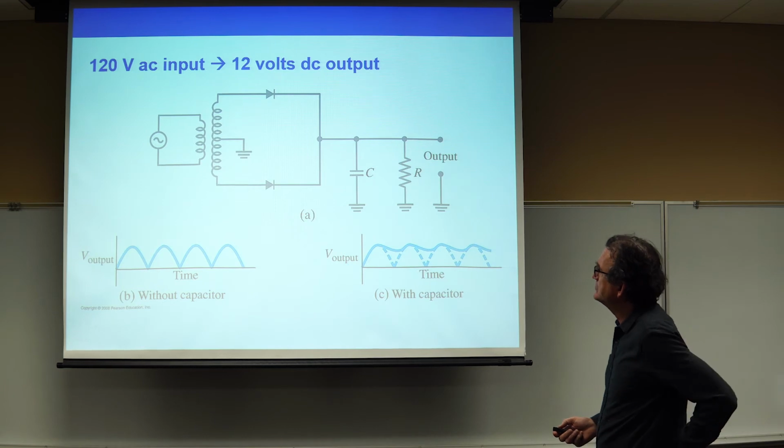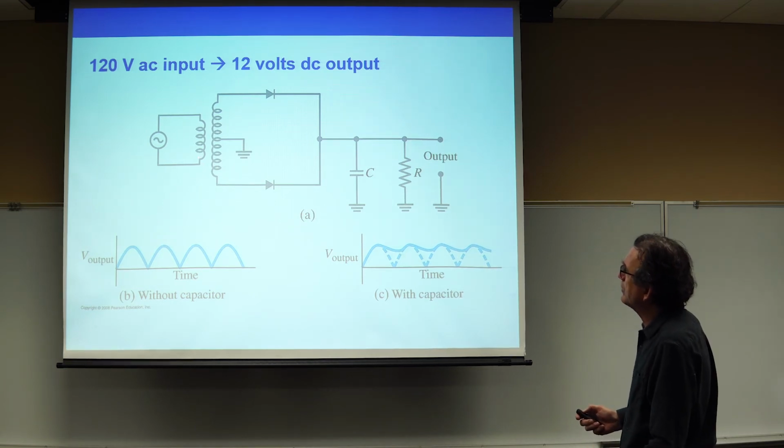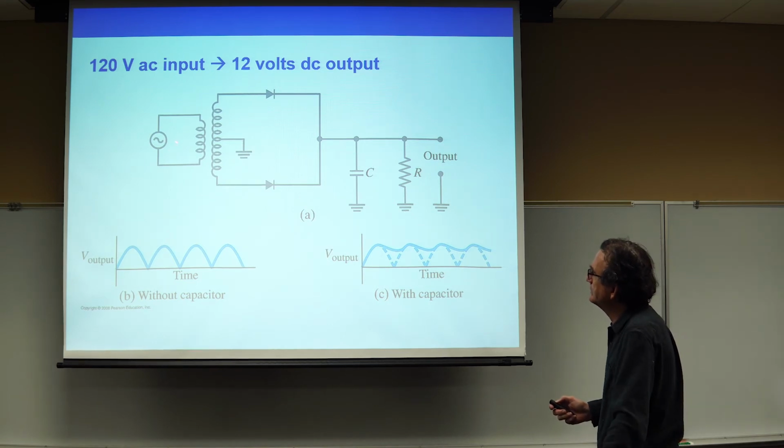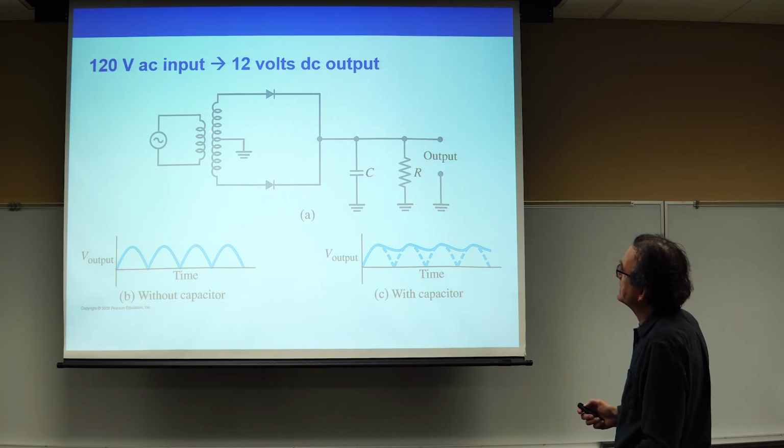And the way we generate this 12 volt output is starting with the power from the wall over here. So here's our voltage output that goes from plus or minus 120 volts. There's a transformer, we call it a step down transformer, that takes it down to 12 volts.